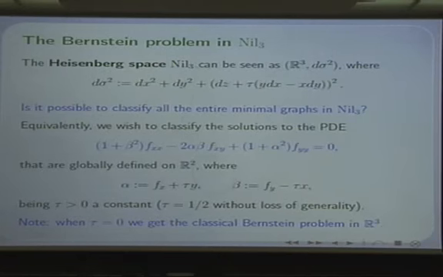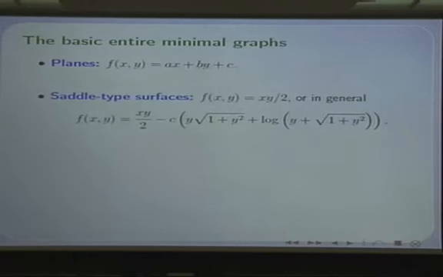Starting from this point of view, several people started working with entire minimal graphs in Heisenberg space. It turns out that planes are also solutions here, so planes are solutions to the minimal graph equation. This works like in R3, but then you see a first difference: if you start looking for surfaces that are invariant under hyperbolic translations, you end up seeing that you also have saddle type surfaces.